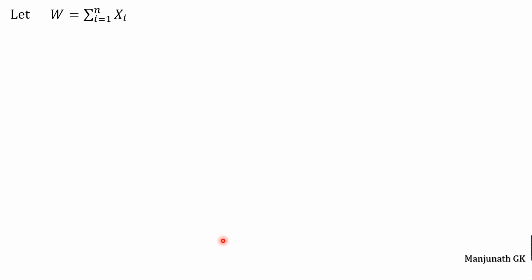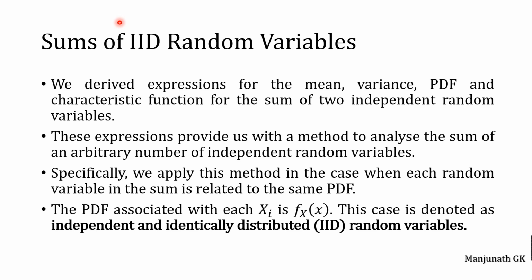Let us consider here w. Actually, it is a sum of independent variables. This summation is used here, xi, where i varies from 1 to infinity. Can we call this w a sum of independent variables? And what have we assumed in this case? We have assumed that each independent variable's PDF is fx of x.